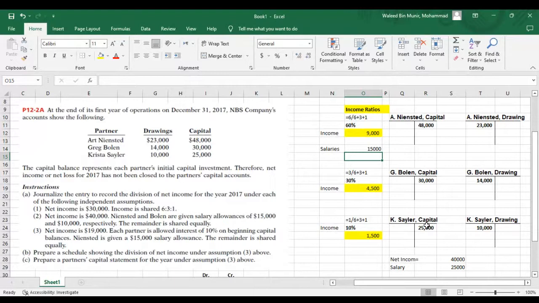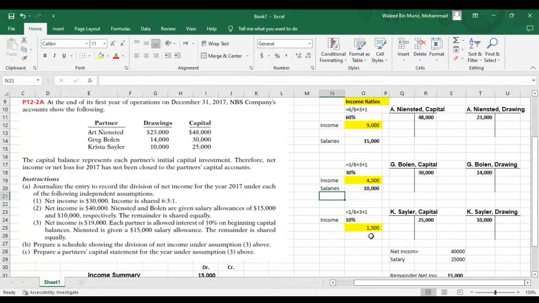Then Bolan gets his salary, 10,000. Okay, is it clear? Now whatever is left is going to be shared equally.